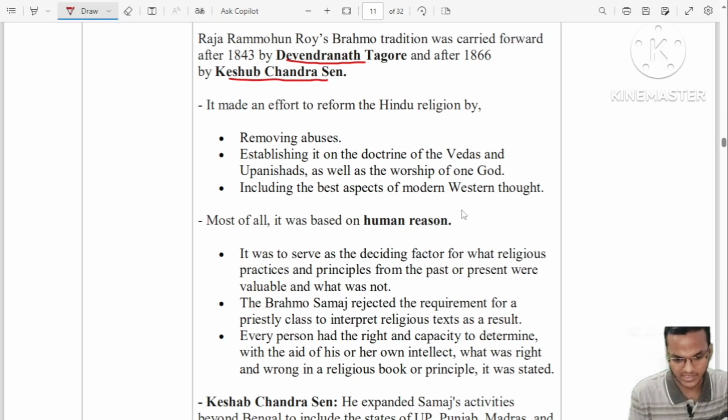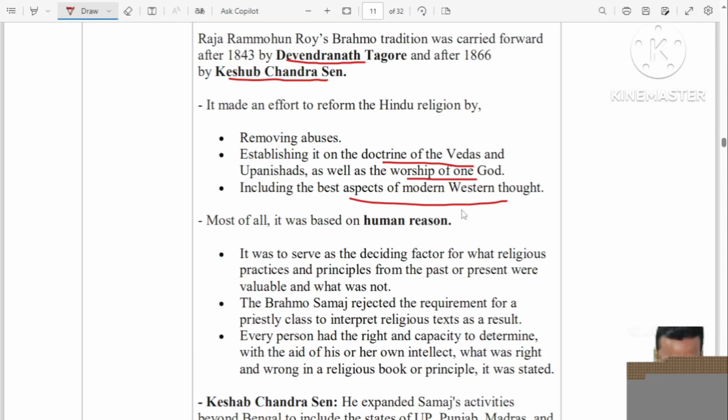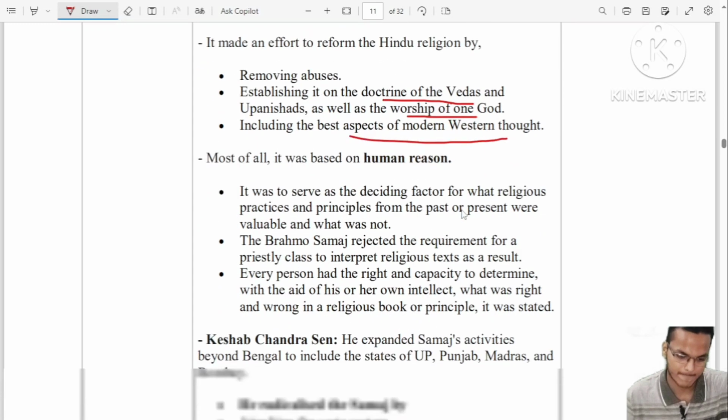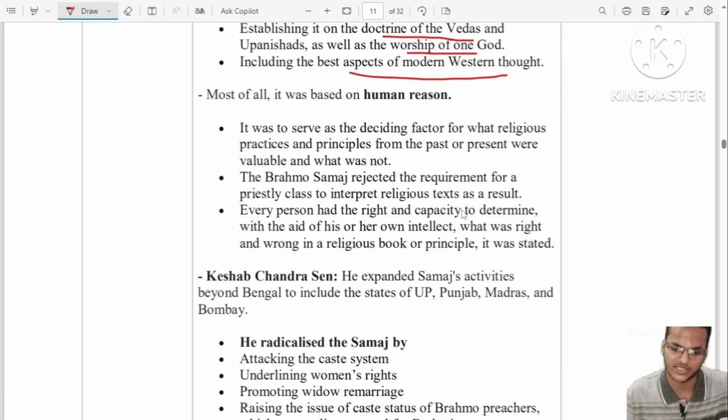The main function was removing abuses and establishing the doctrines of the Vedas and Upanishads as well as worship of one God, the same monotheism, including the best aspects of Western thought. It also welcomed the meaningful thoughts of the West.